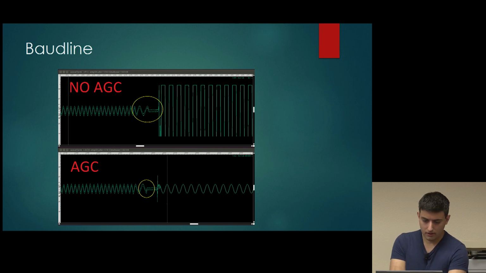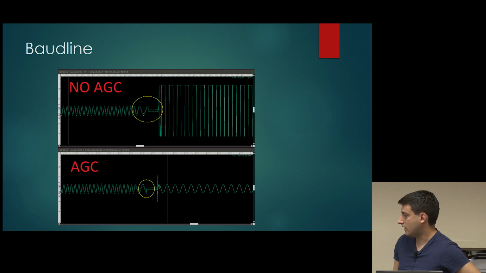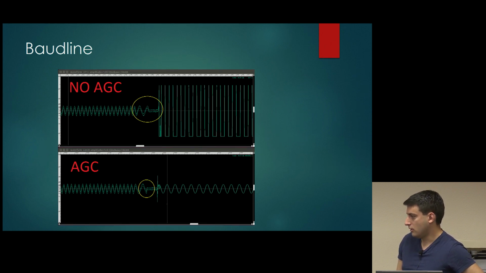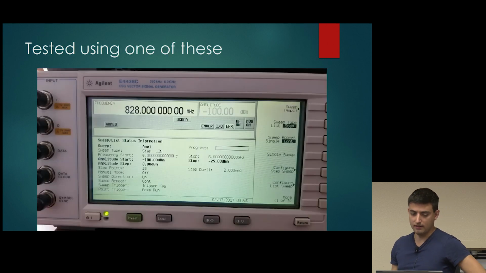So once the AGC kicks in, you can see in the bottom image that the minus 25 dBm signal starts looking more like the minus 100 dBm signal. The reason why there's a frequency shift in between the minus 100 dBm signal and the minus 25 dBm signal is because of the settings set in the E4438C.